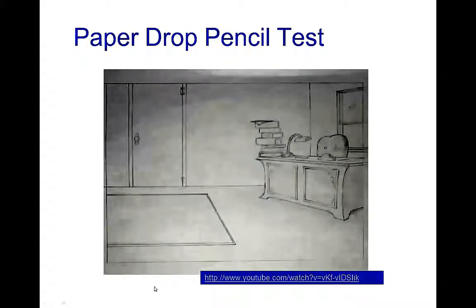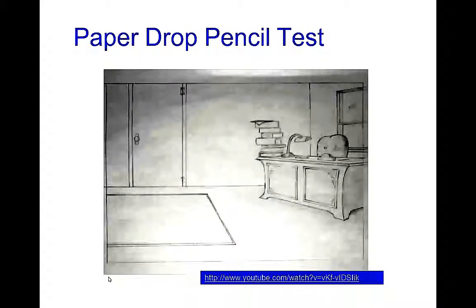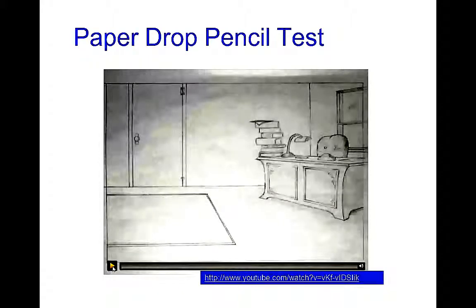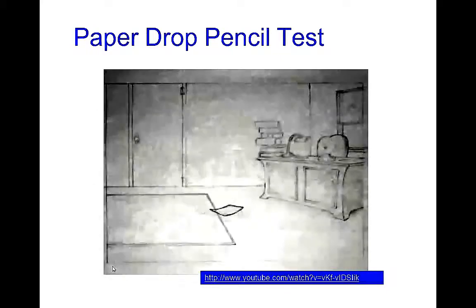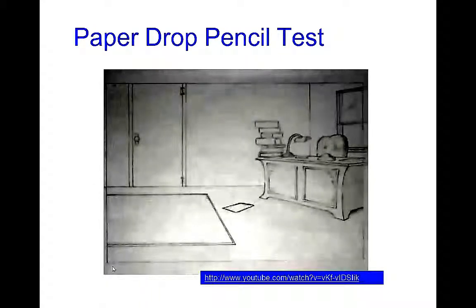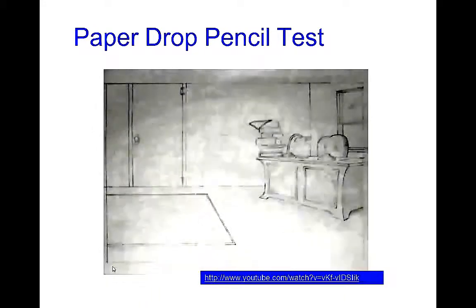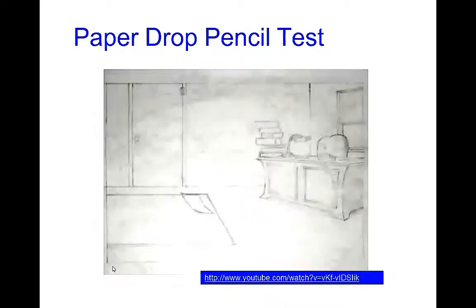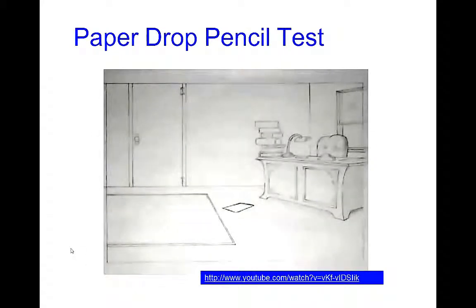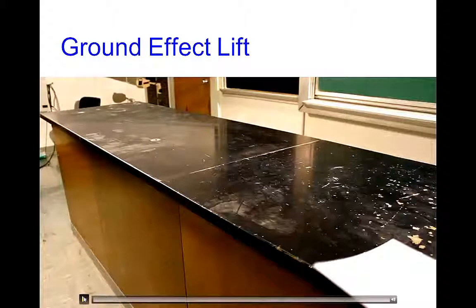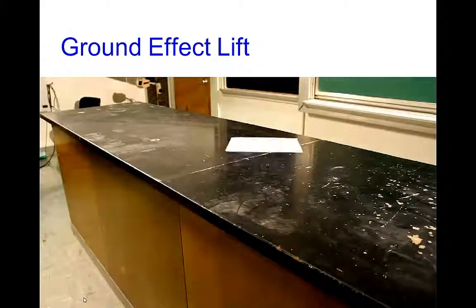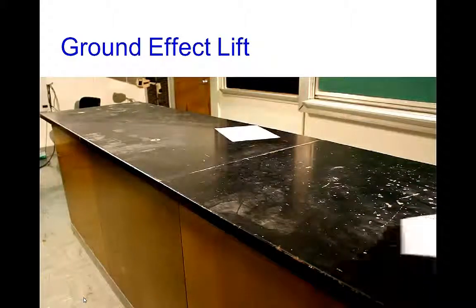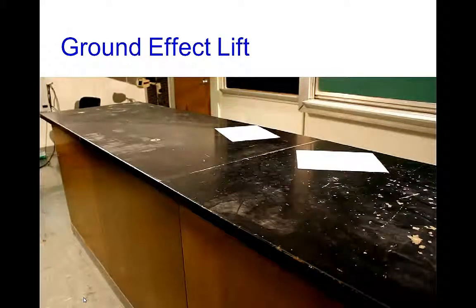So let's look at a paper drop pencil test, because I wanted to mention another aspect of this type of motion. So right at the end, if you see the settle as it slides on the ground, you notice an effect which here we'll see in this video as I slide these sheets of paper on a smooth surface.